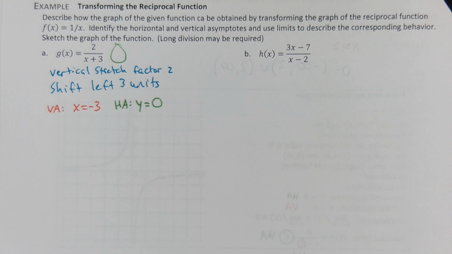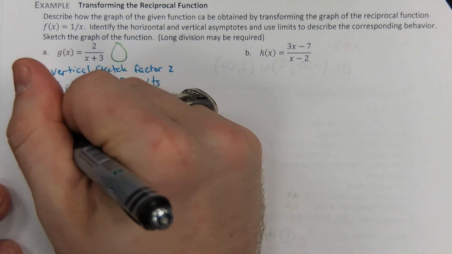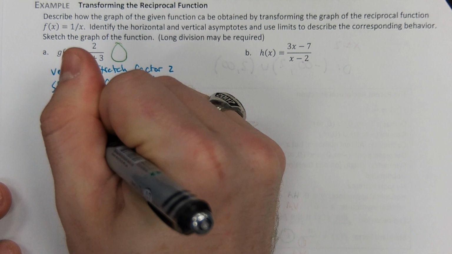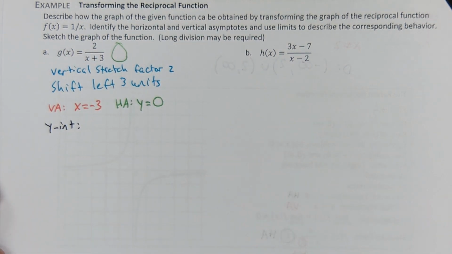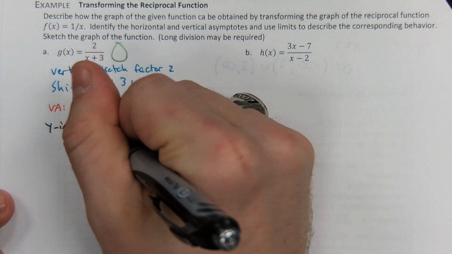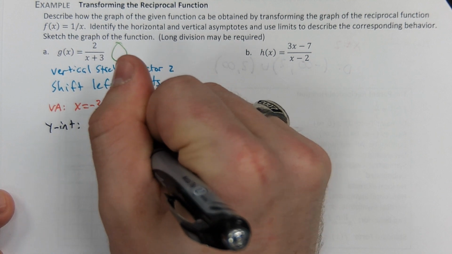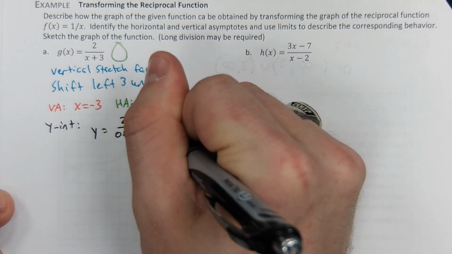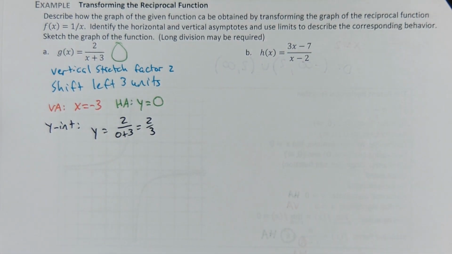What is true about every single coordinate on the y-axis, Massimo? The x is 0. So if you want to find your y-intercept, you use x equals 0. I crossed the y-axis at the number 2/3.